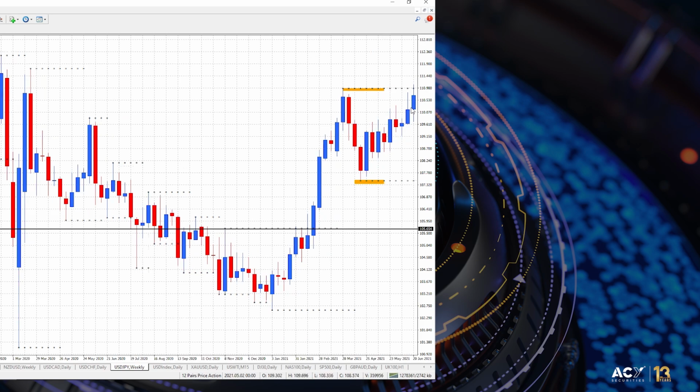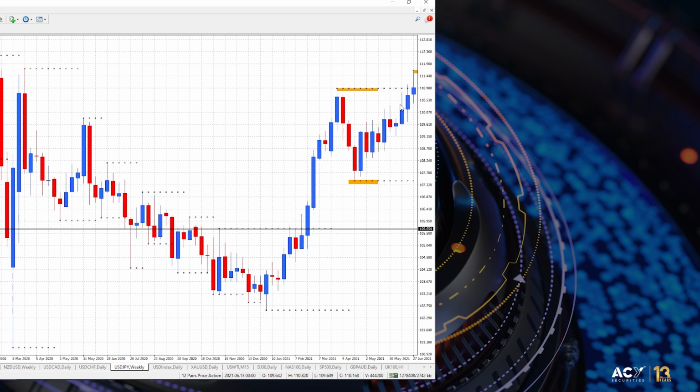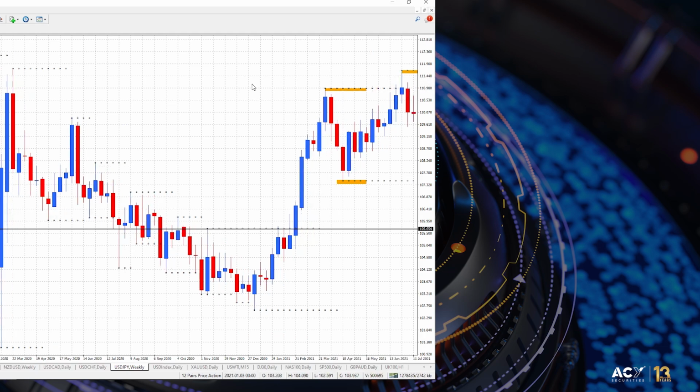Now you can see here, technically price breaks that level and goes in and puts in a higher high. So technically that therefore is the start of a weekly uptrend. And if we now move across, you'll notice that price certainly does break through there the next week and goes higher. All right, so we'll paint that then in. So it's put in the higher high.